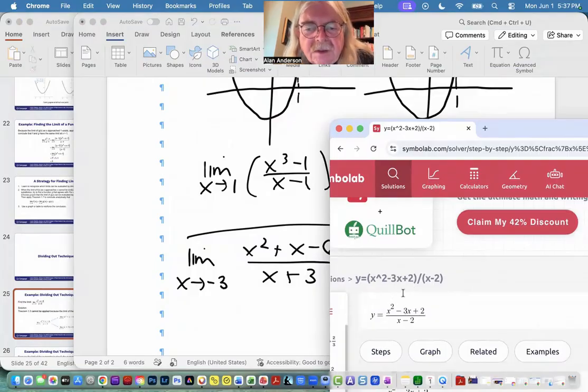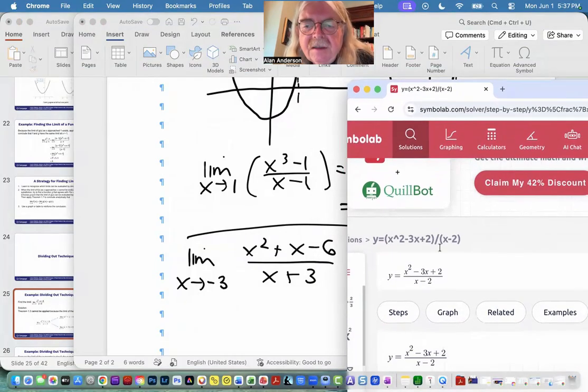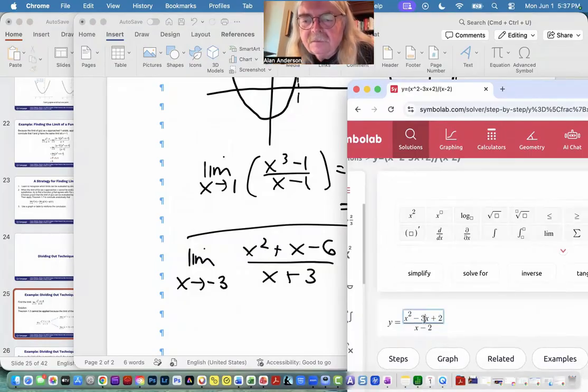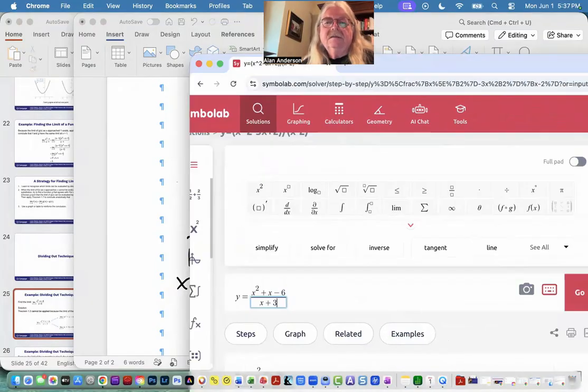x squared plus x minus 6 is divided by x plus 3. All right, let's take a look.